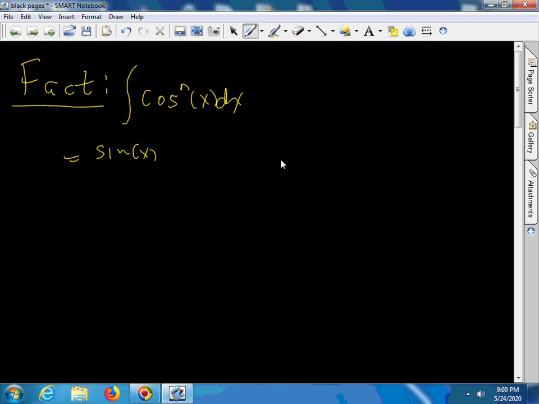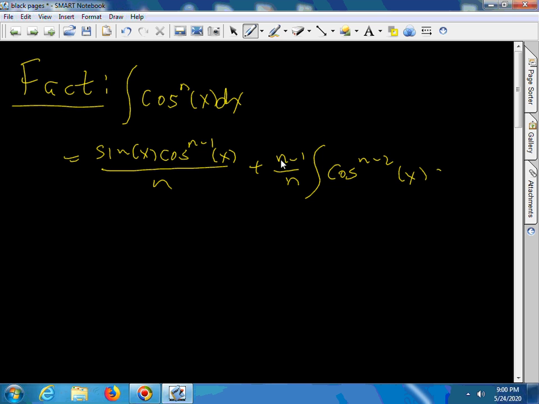In this video, we're going to prove the following fact: the integral of cosine raised to the nth power of x dx is equal to, this one I actually have to look up, sine of x times cosine raised to the n minus 1 of x all over n, plus n minus 1 over n times the integral of cosine to the n minus 2 of x dx.